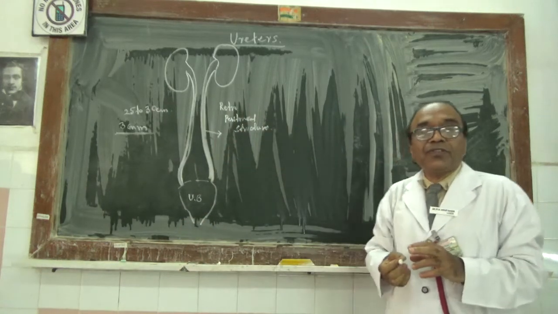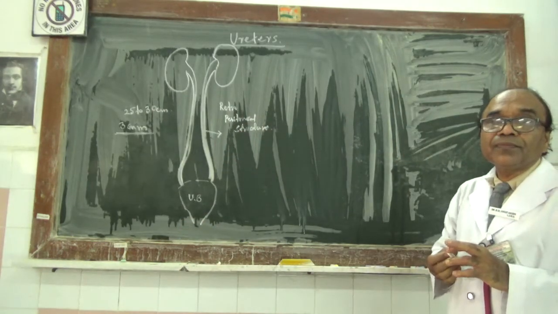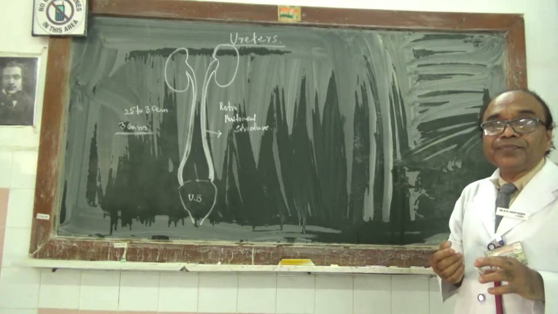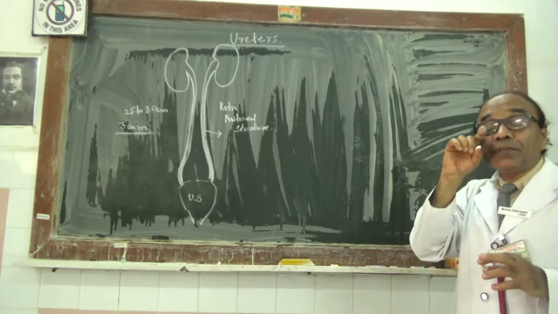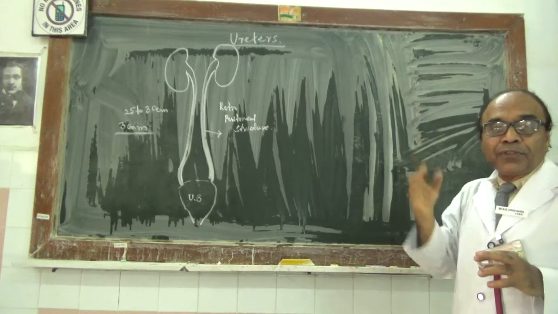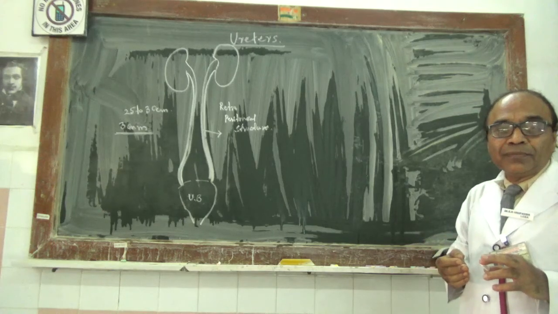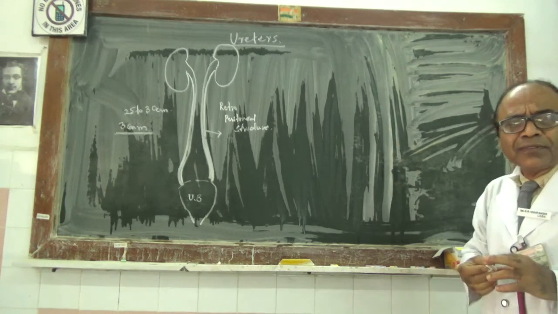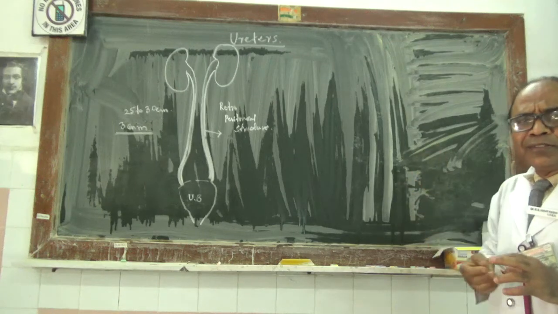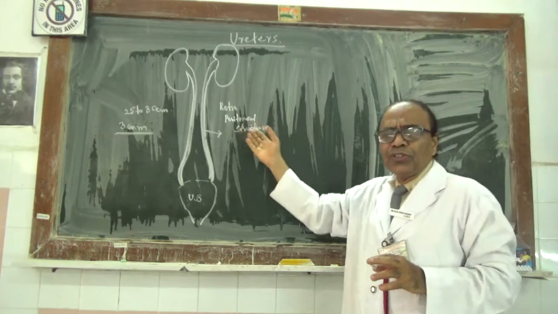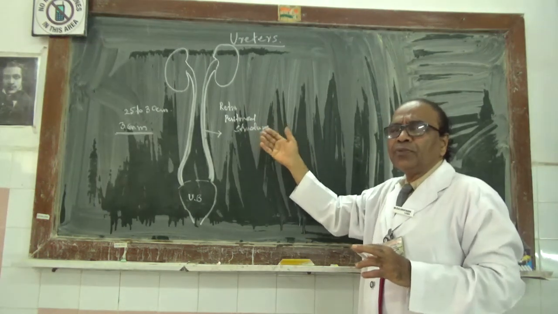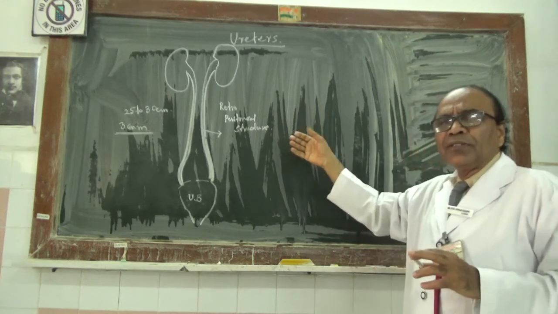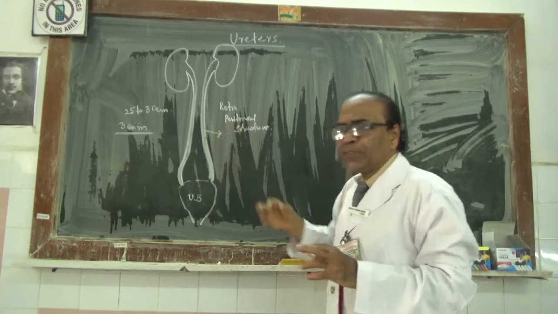Retroperitoneal structures along with kidneys include the aorta, inferior vena cava, first part of the duodenum, pancreas, and ascending and descending colons. So these all are retroperitoneal organs, including spleen. So it will be varieties of that.